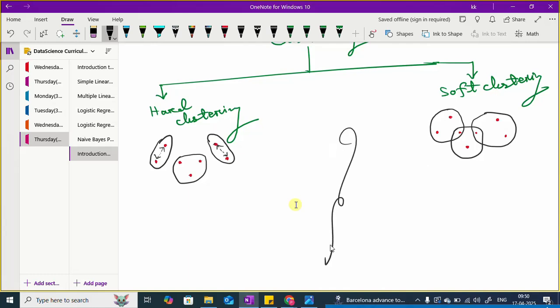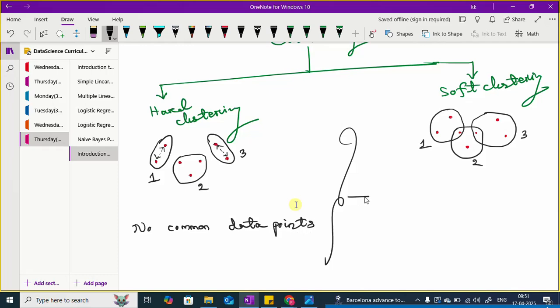Let's say this is cluster 1, this is 2, and this is 3. There is a common data point between cluster 1 and 2. Similarly, there is a common data point between 2 and 3. But here, no common data points.